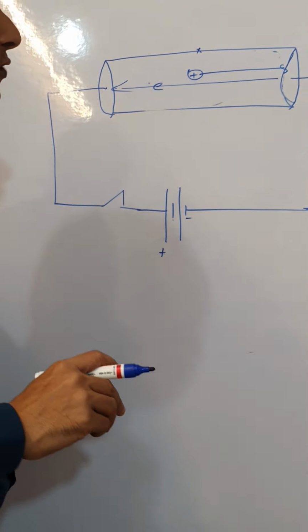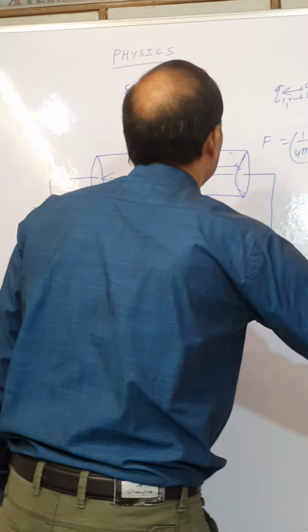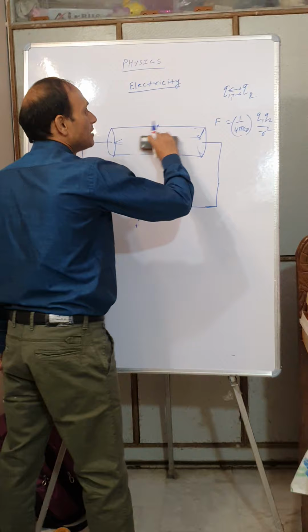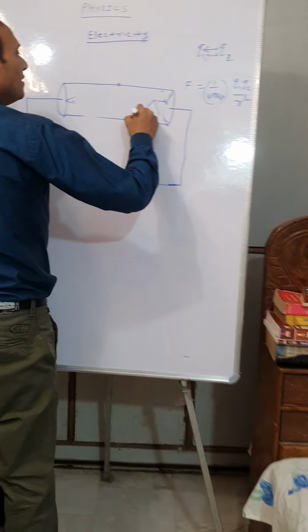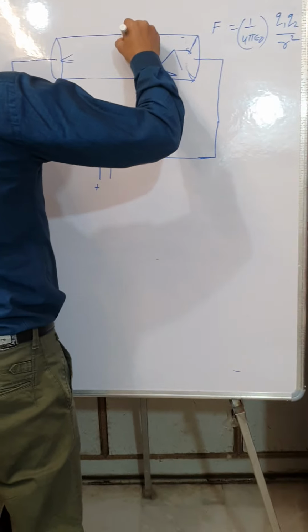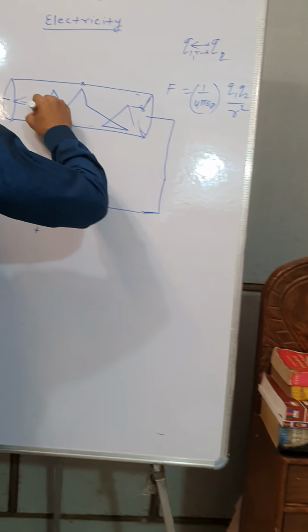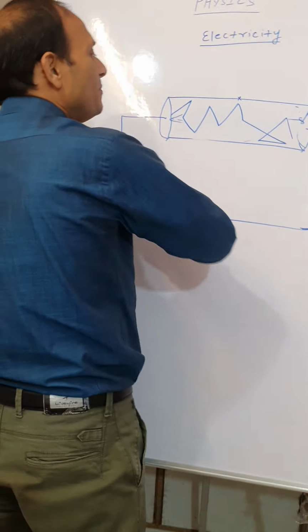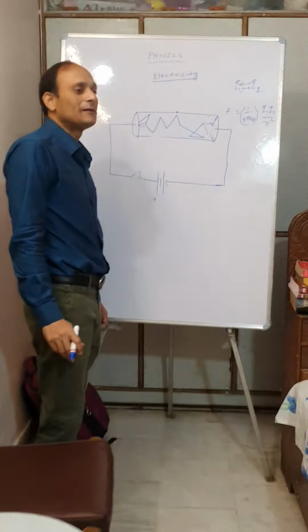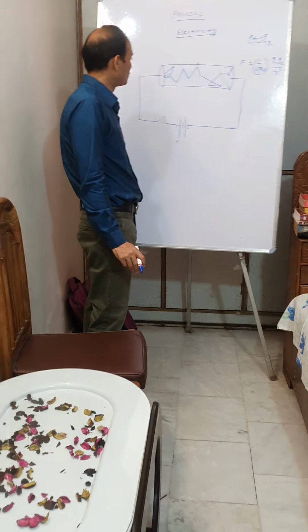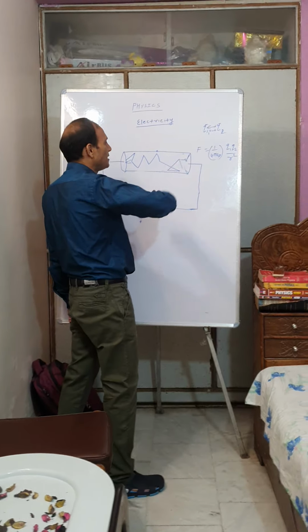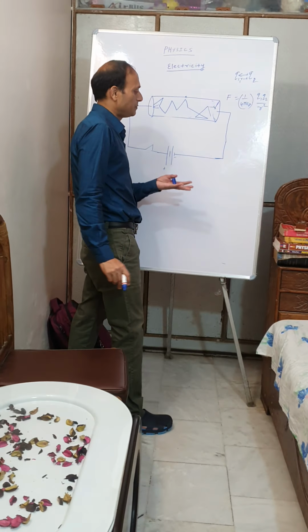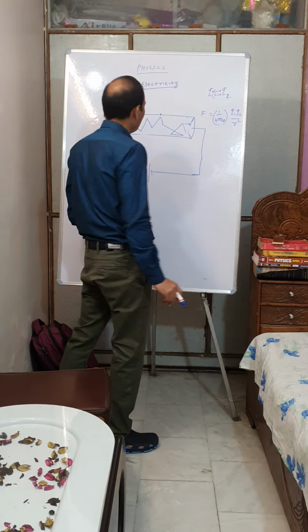But because of the existence of so many free electrons and positive lattices, the picture is what? The electron goes here, then maybe here, then maybe here, then maybe here. So it's a zigzag path. That means the flow of the charge is not smooth, not straight. And the same happens with the positive lattices as well, although their speed is very less because they are very heavy.